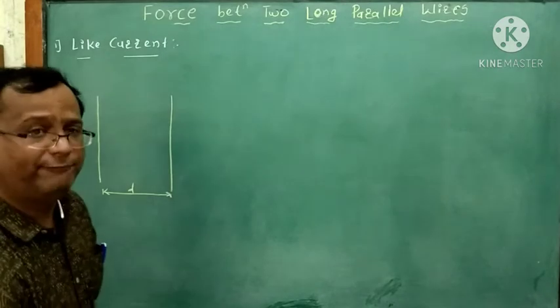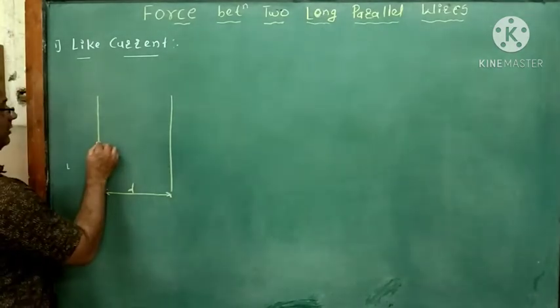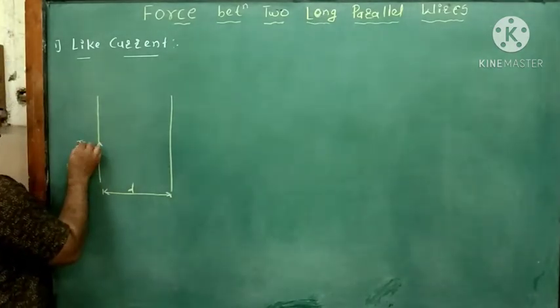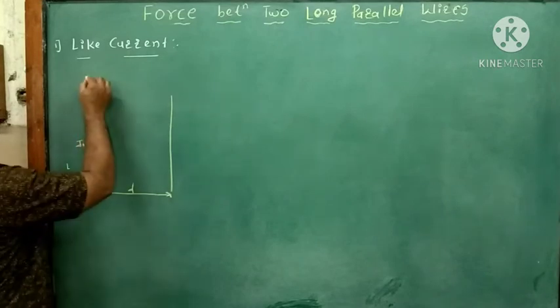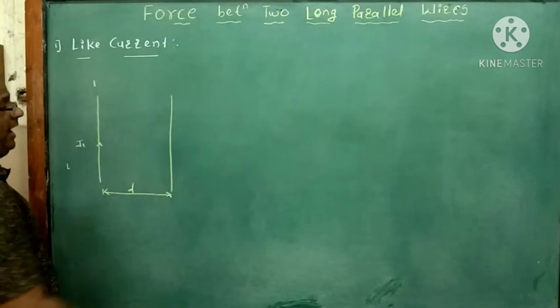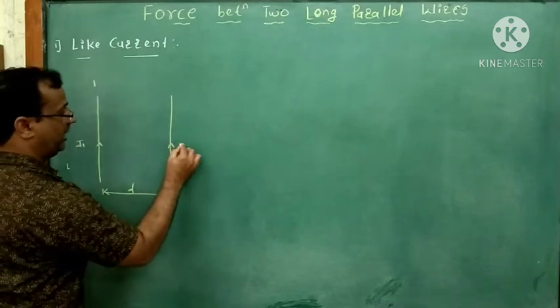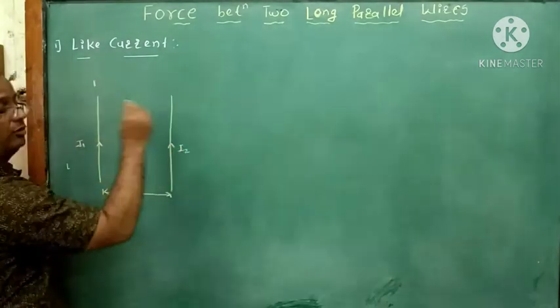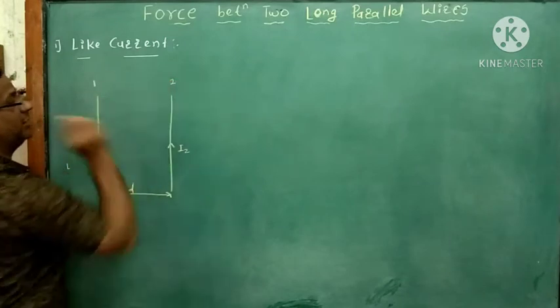Suppose we consider I1 amount of current flowing through the first conductor and I2 amount of current flowing through the second conductor.